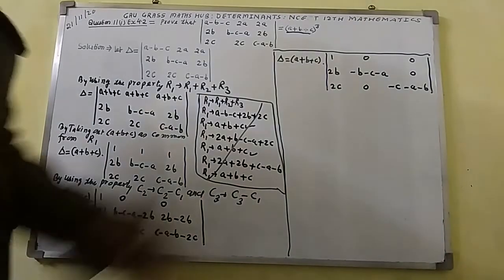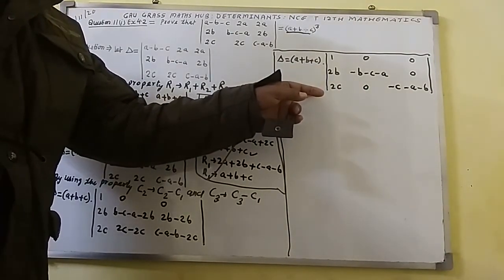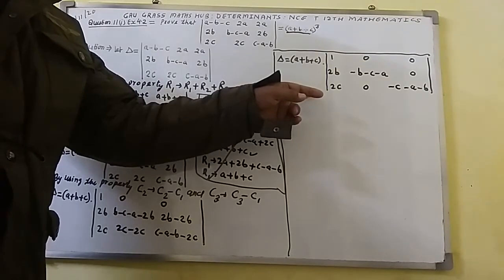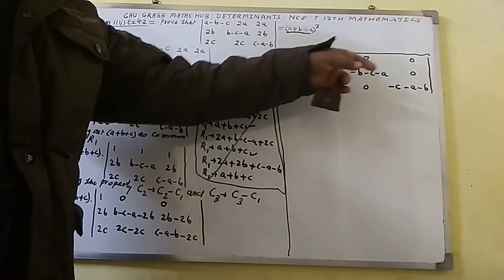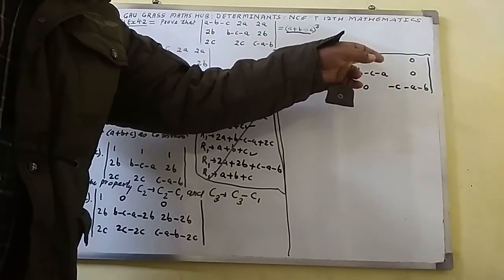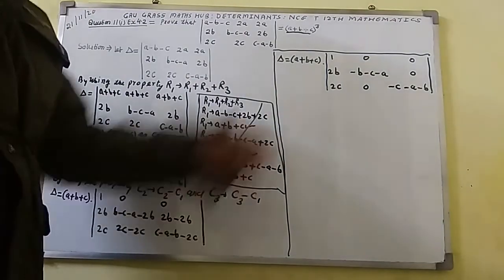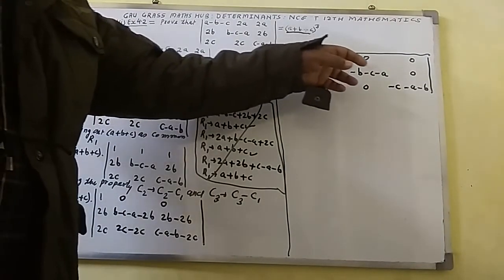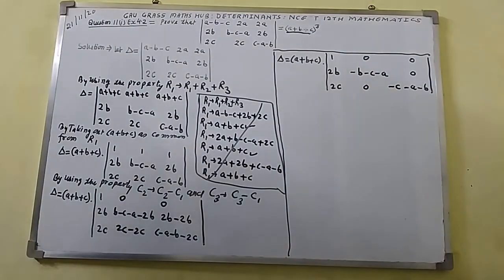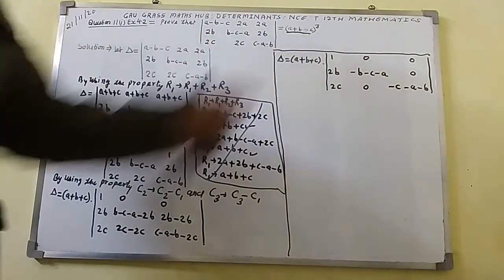Now here you can see in this det the first row has the maximum zeros, that is 2 zeros. Here 2 zeros are available, this 0, this 0. That's why the first row has the maximum zeros, that is 2. That's why this det is going to be expanded along the first row.